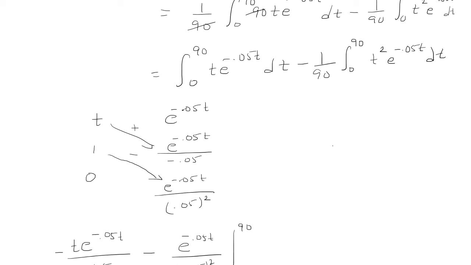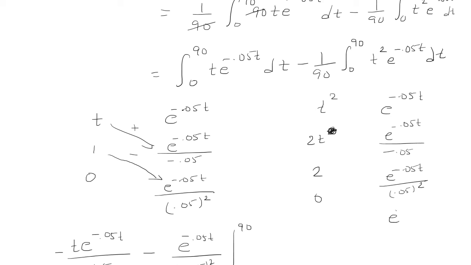Now if we go to the second integral, I'm going to leave the 1 over 90 outside. So we're going to start with t squared, then e to negative 0.05 t. Differentiate t squared until you get 0, and then find the antiderivative. So then this will be plus, this will be minus, and this will be plus.